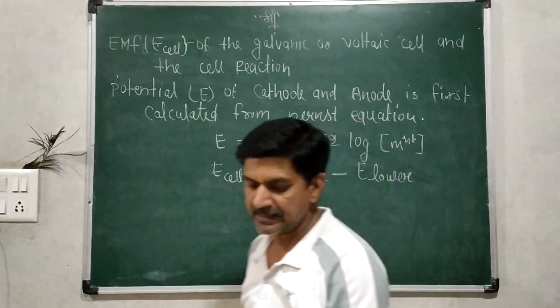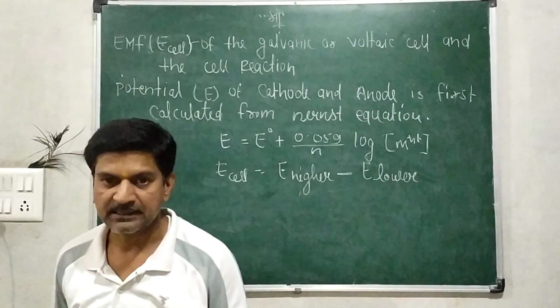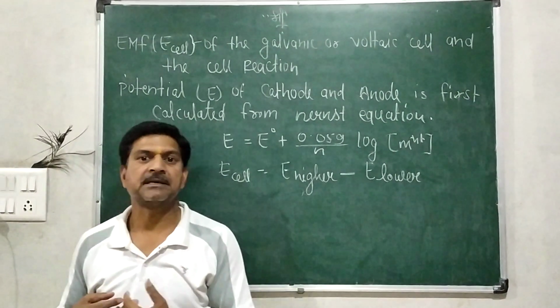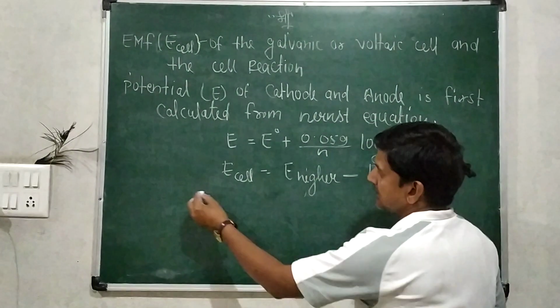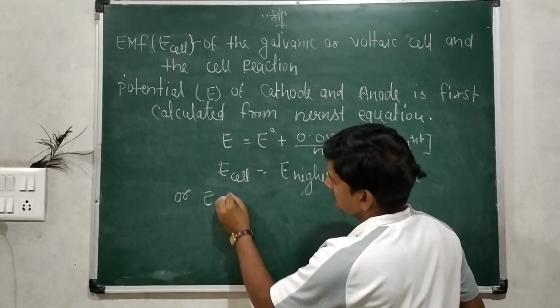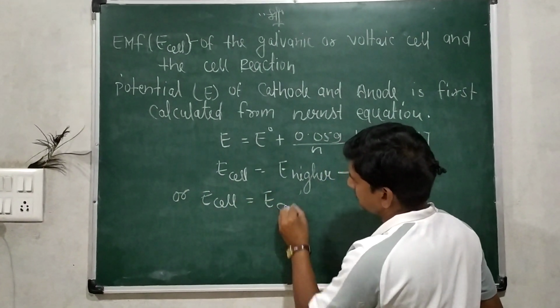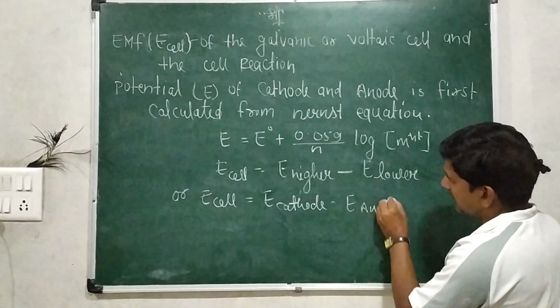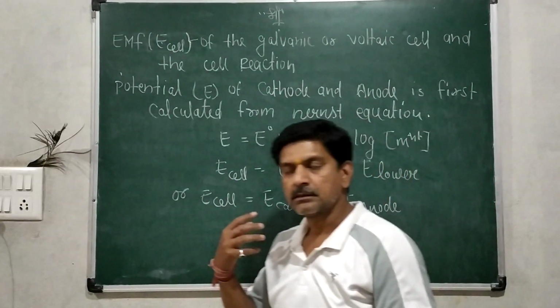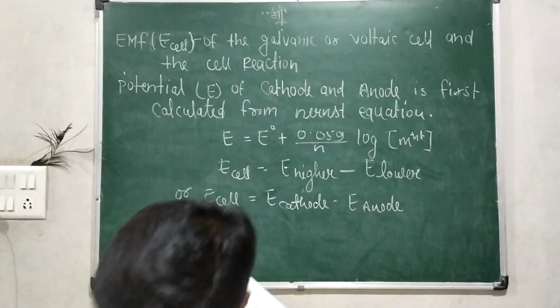Or you can write E right minus E left, E cathode minus E anode. You can write in this way also, E cell equals E cathode minus E anode, or E right minus E left.